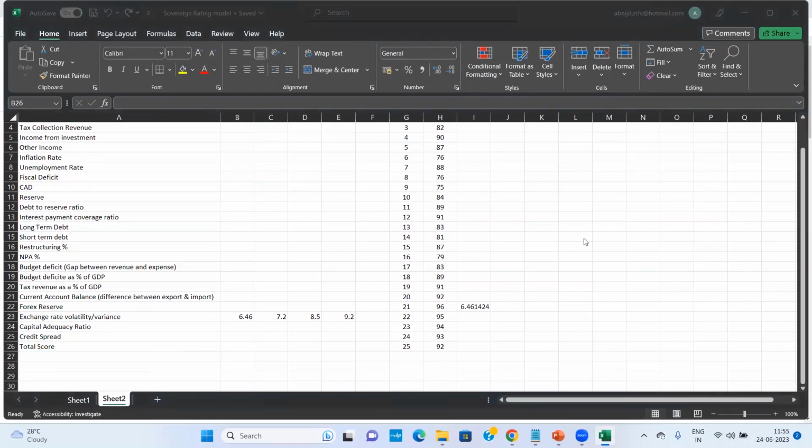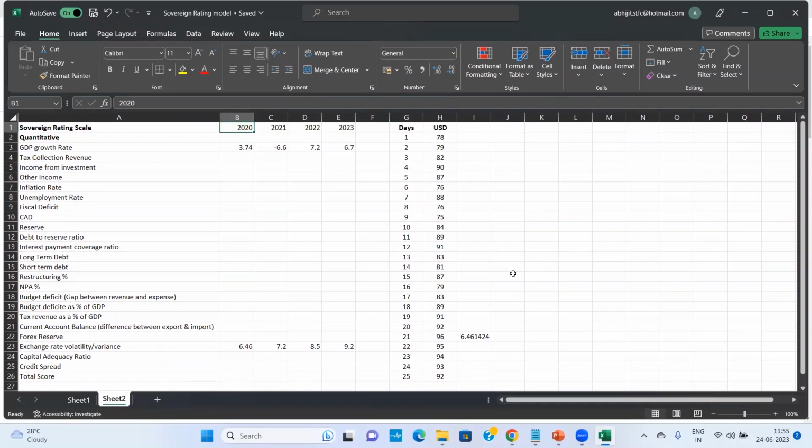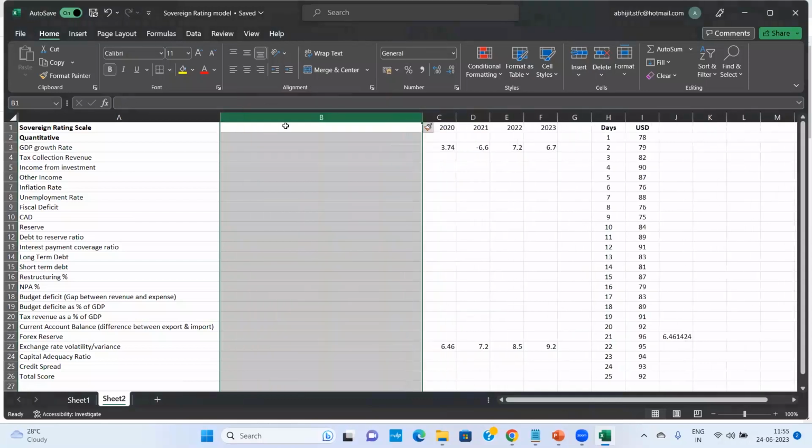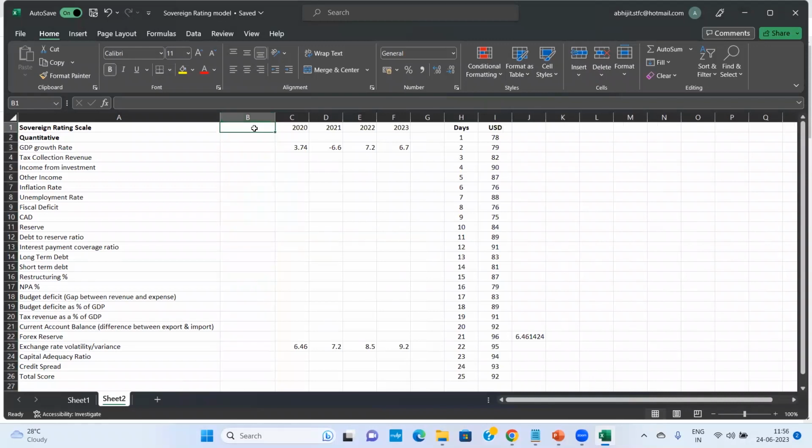Probably you can give certain weights, and depending on how much weight you want to give each factor, you get a total score like this, right? So you give a weight, and you give a total score.